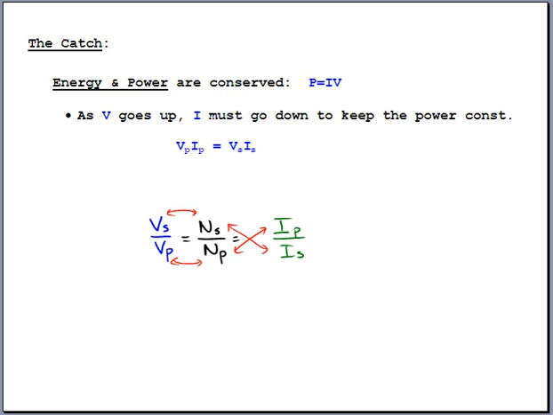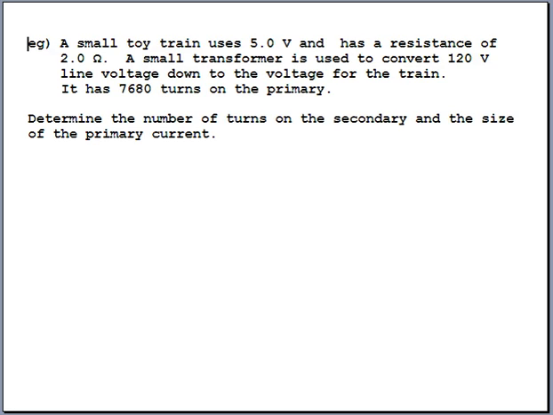The blue and the black fractions we've already talked about. Now the red arrows, that's just me highlighting this story. The blue and the black are easy, right? Secondary's on top, secondary's on top, primary's on the bottom, primary's on the bottom, but the currents are flipped. They're kind of flip-flopped around. They don't follow the same pattern, and that's just to make sure that the power is actually conserved, that it's constant.